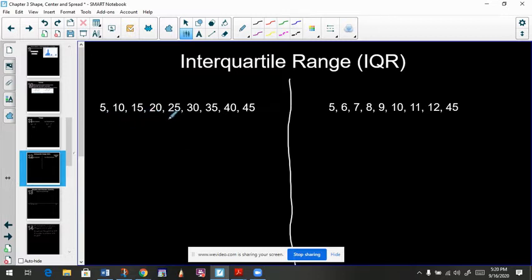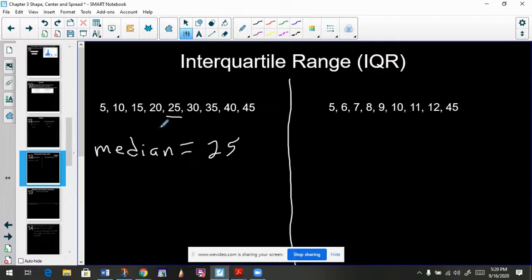First, you find the median, the middle number. 9 numbers. Here's the middle one, right? So your median is 25. So now that's the middle number of your data set.